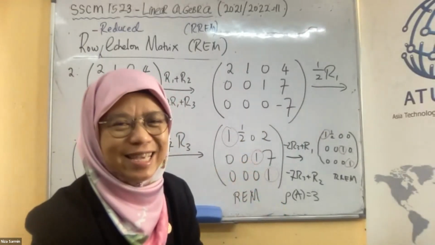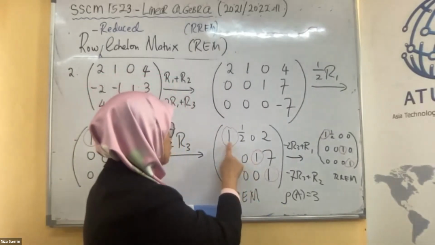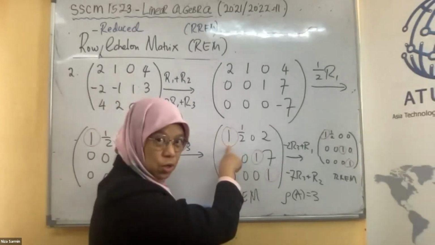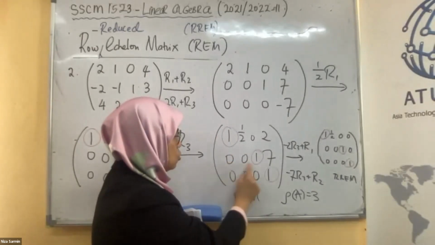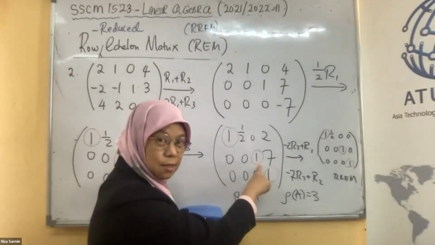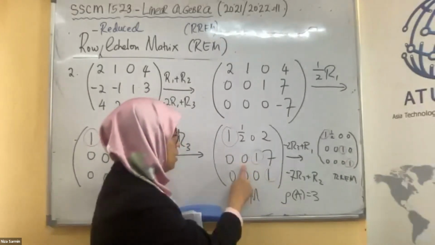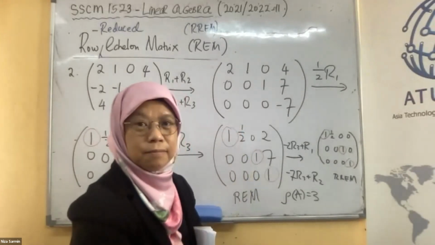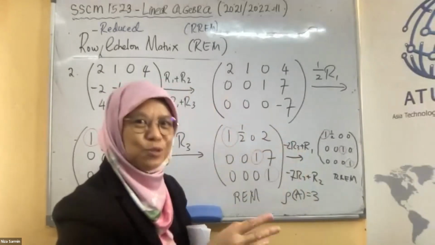You don't have to do anything. It's okay to be there because this is the leading one in the first row, in the first column. When you go to the second row, the first non-zero number is this, not here. So we just leave this. It doesn't matter. It doesn't mean that every column has to be zeros. No.